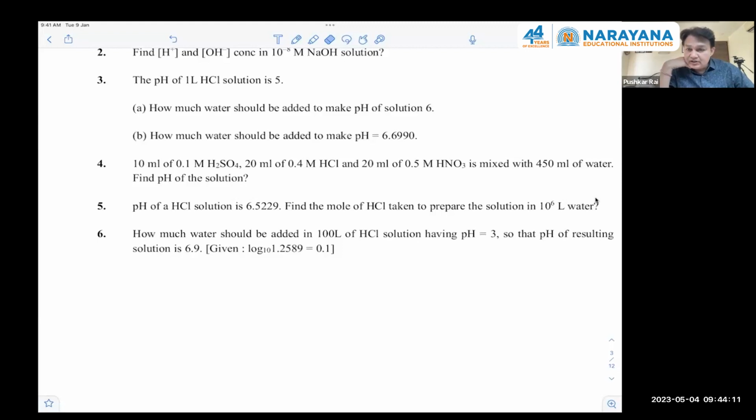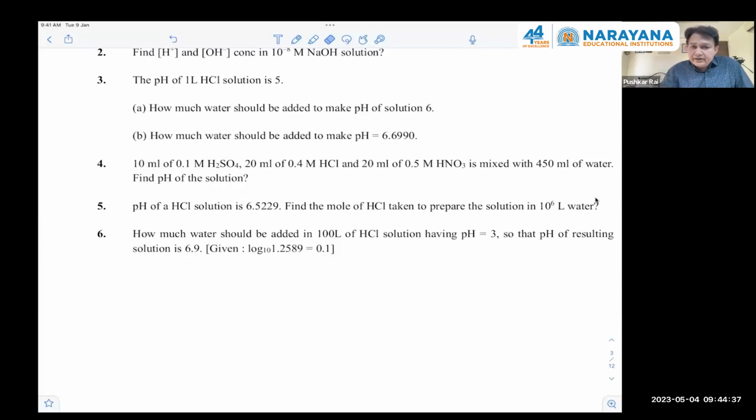So in that scenario, the H plus which is coming from the HCl and the H plus which is coming from the water will become comparable. What do you think? The HCl is not going to affect water? Definitely it is going to affect, because water is an extremely weak acid. If someone is adding H plus from outside, then that extremely weak acid is also going to get disturbed.